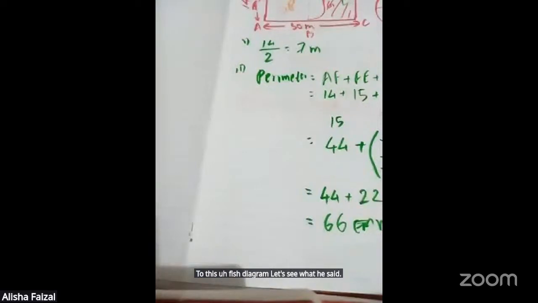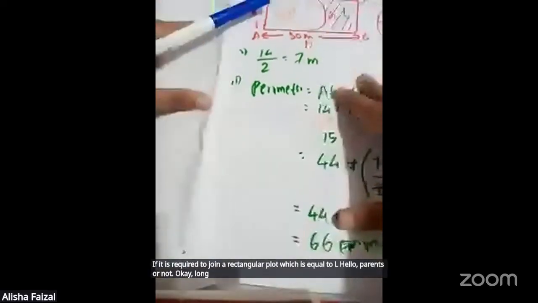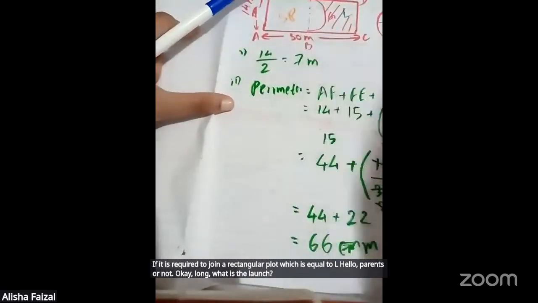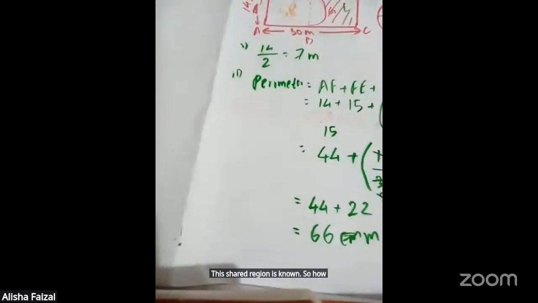If it is required to adjoin a rectangular plot which is equal to the area of the plot allocated to the lawn. Okay, lawn. What is the lawn? This shaded region is the lawn. So how to find the area of the lawn?